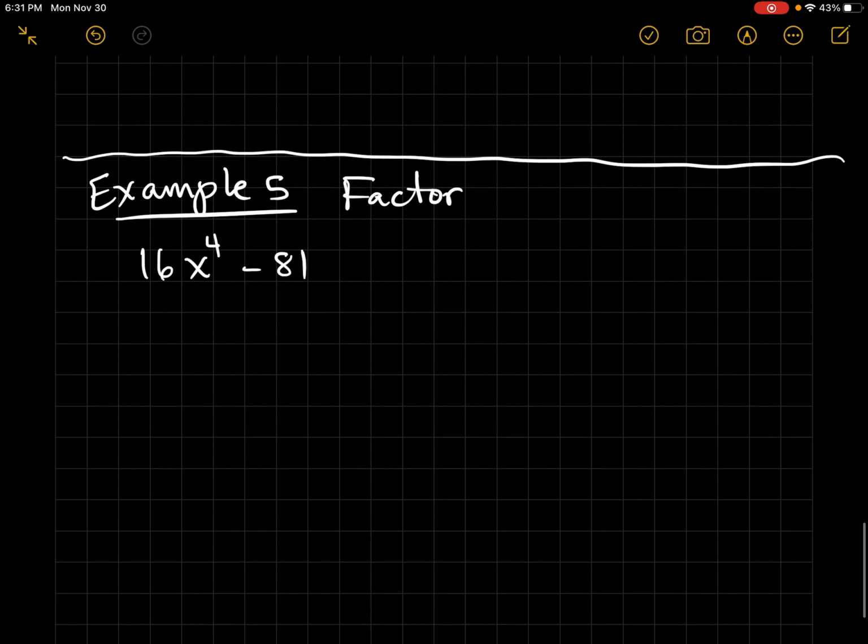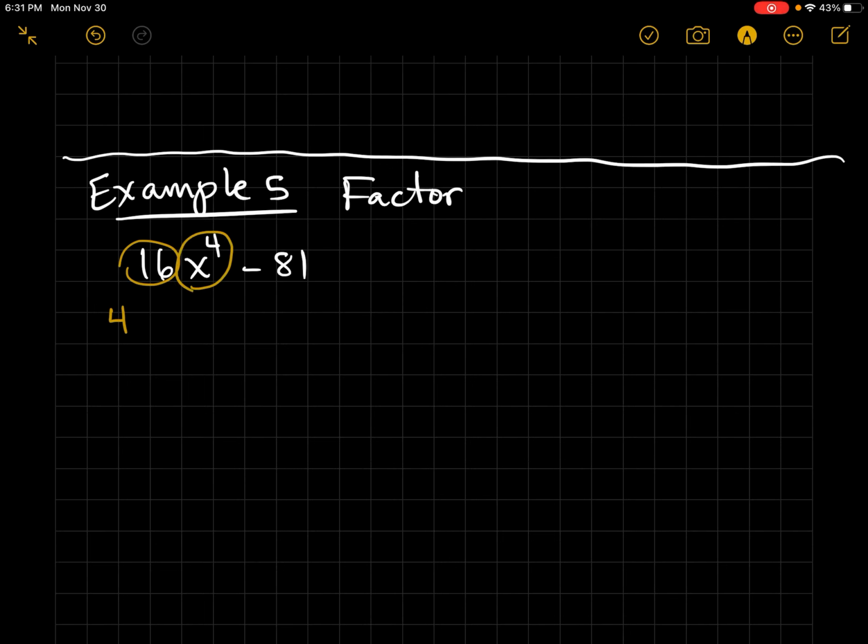Alrighty, let's do one more example. Here, I'm looking for GCF first. There's no GCF. However, this is the difference of two squares. It's not a trinomial, so no diamond. But these are all perfect squares. So the square root here is 4.